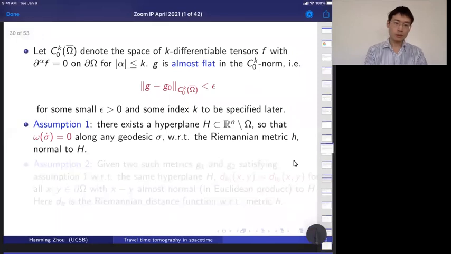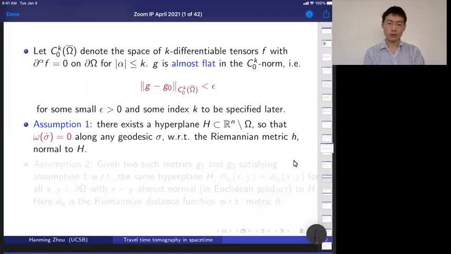There are also some technical assumptions we need to impose in order to solve this problem using the method we have. Assumption one: remember that the stationary metric has three parts, a pure time part, a pure spatial part, and also a mixed part. So we want some kind of compatibility conditions for these parts.